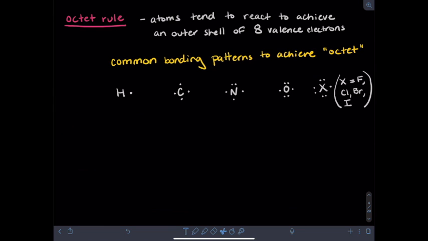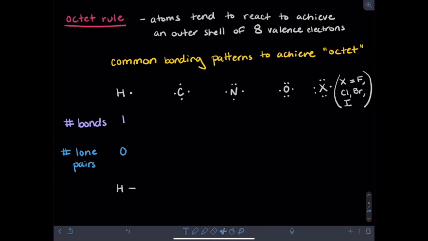We're going to think about hydrogen, carbon, nitrogen, oxygen, and the halogens, which I'm going to write as X. Here, this could be fluorine, chlorine, bromine, or iodine. I've arranged these in the order going from left to right that you'd see them on the periodic table.